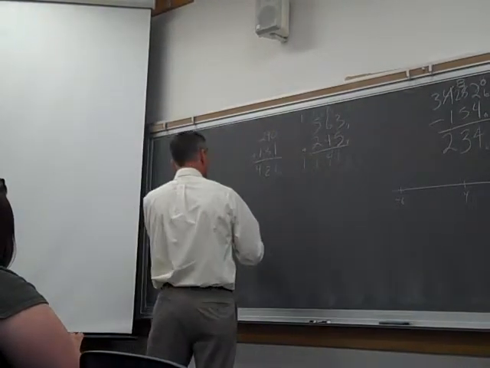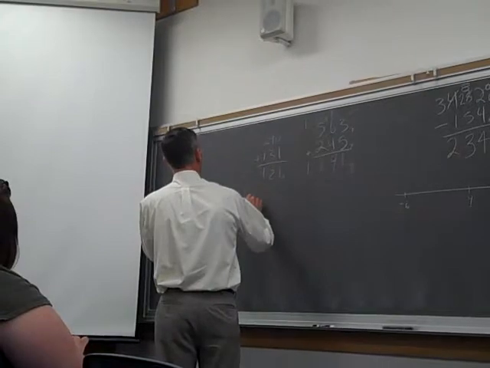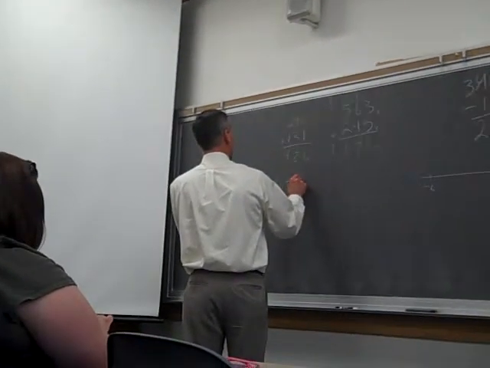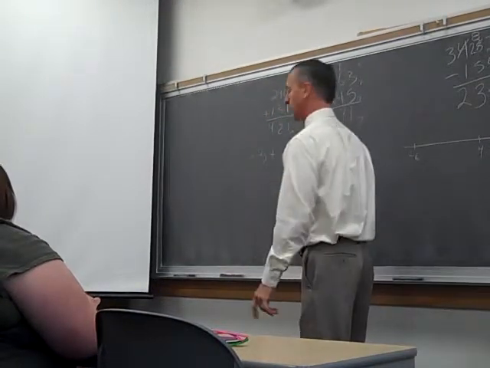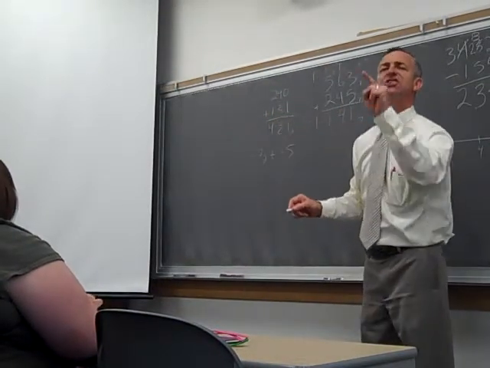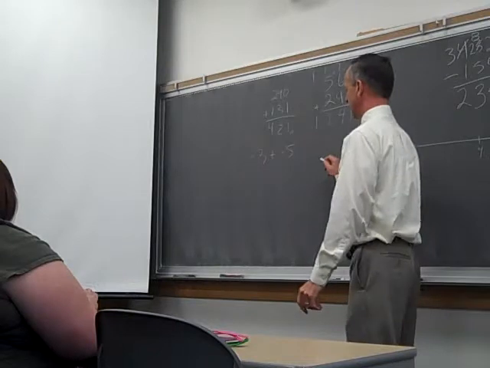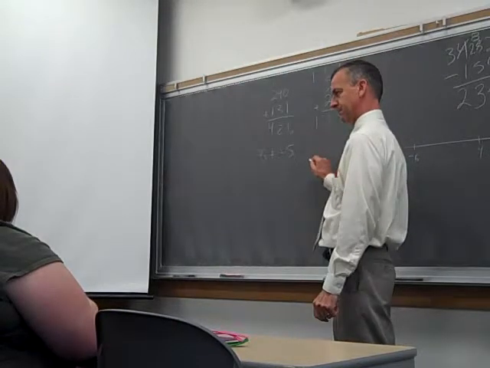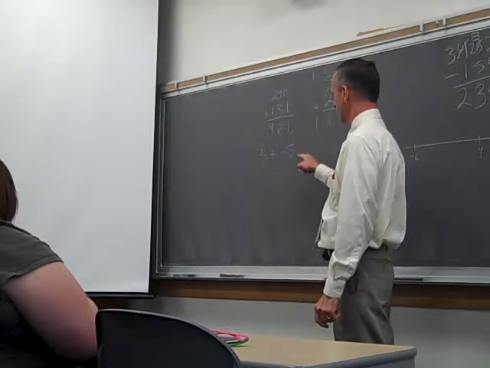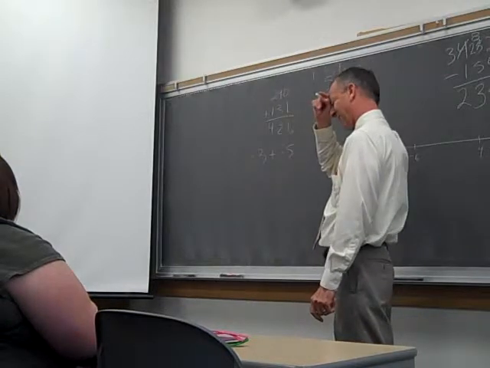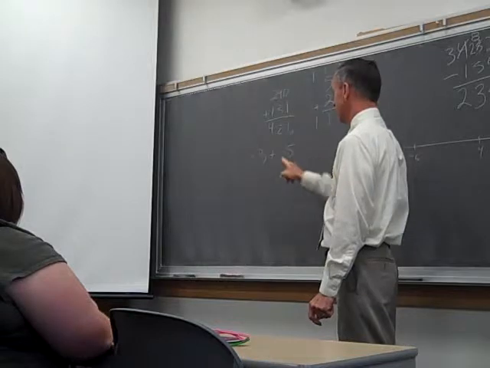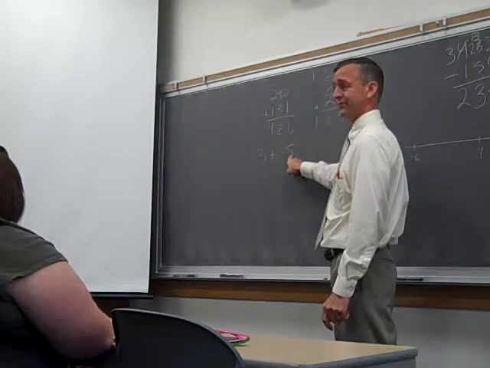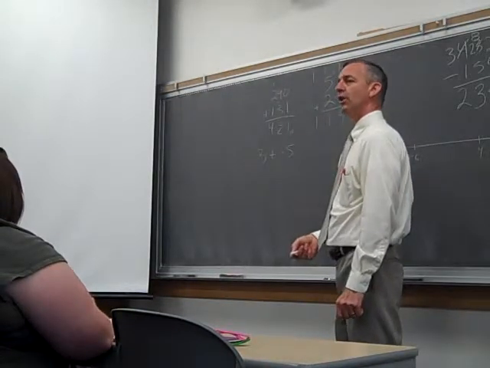Okay, so I've got 3 plus negative 5. Read that last part there, and I'm going to do exactly what she says. You subtract the smaller number from the biggest number. This is the smaller number, as an absolute value.